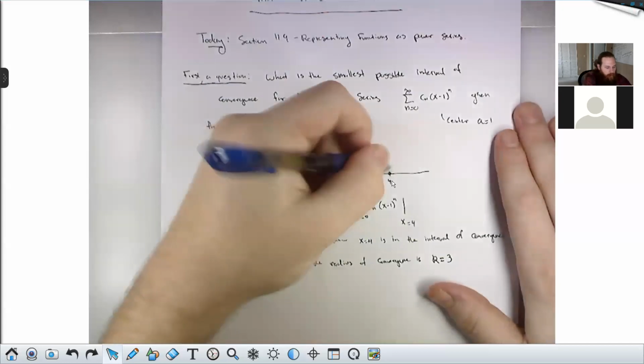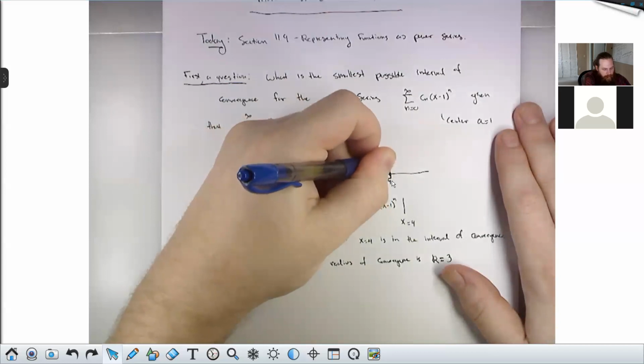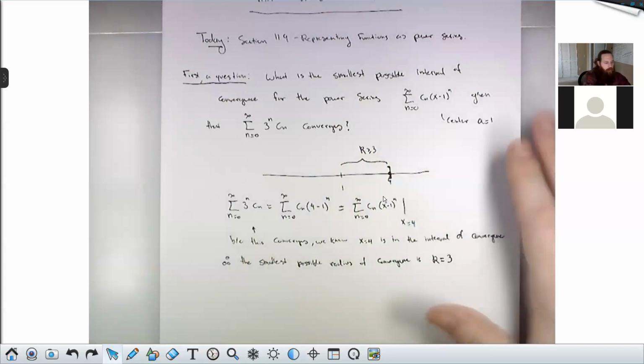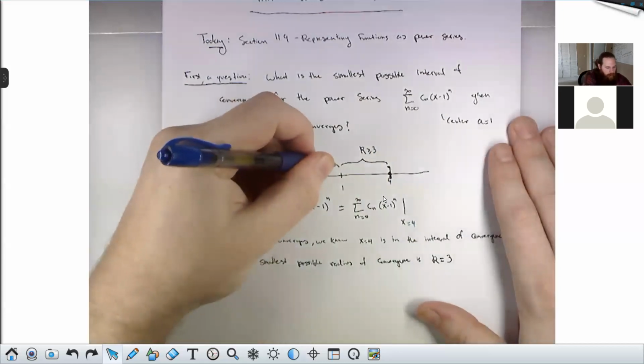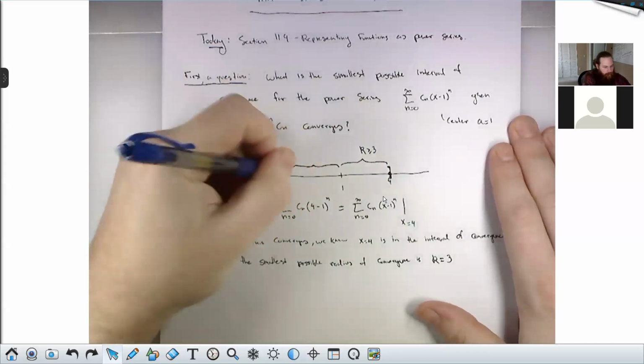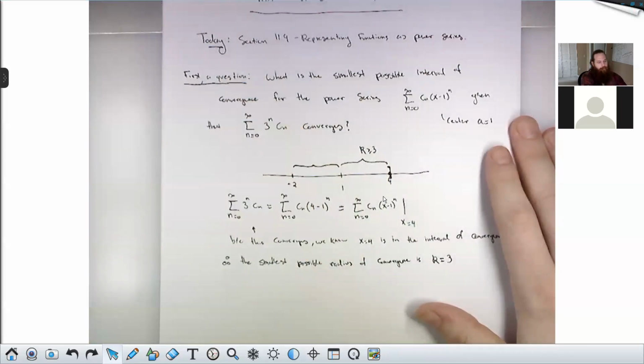If the radius of convergence were exactly 3, then my interval of convergence would need to be closed on the right, because I know that 4 is in the interval of convergence. And if I can walk to the right 3, then I can walk to the left 3. And if I walk to the left 3 units, I get over here to -2.